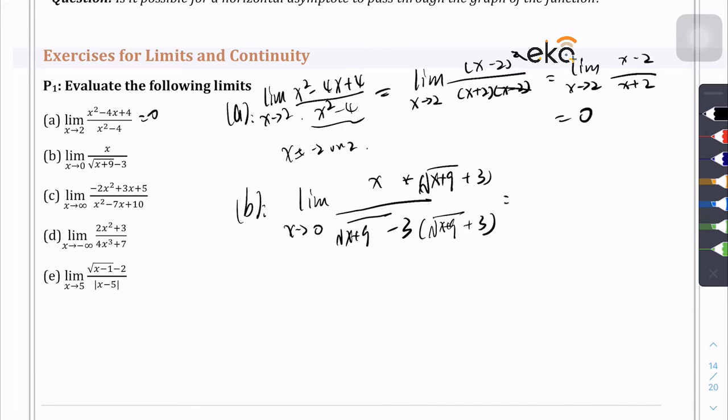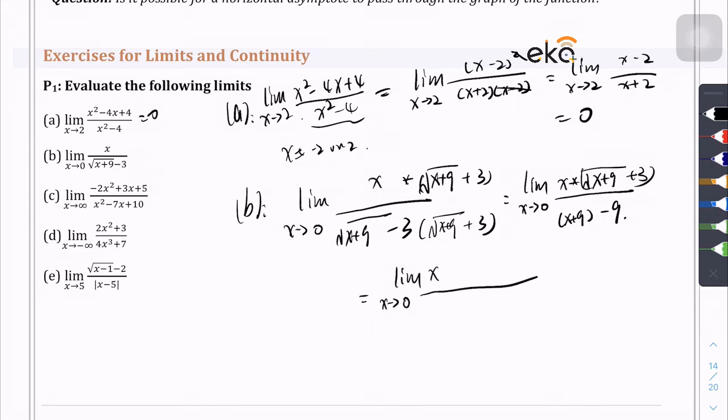The numerator becomes x plus 9 minus 9, which is x, and the denominator is x times (square root of x plus 9 plus 3). Then we can cancel x, which gives the limit as x approaches 0 of 1 over (square root of x plus 9 plus 3).